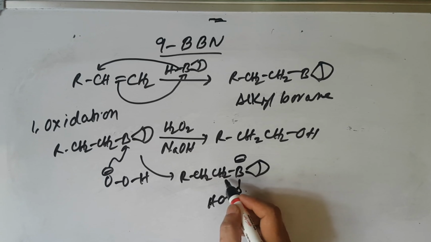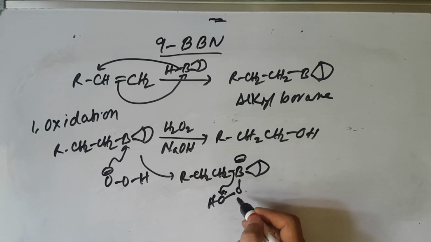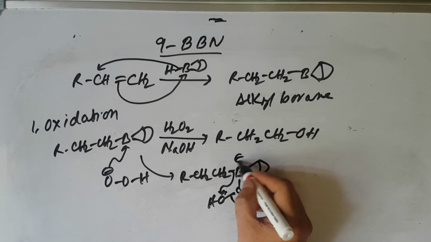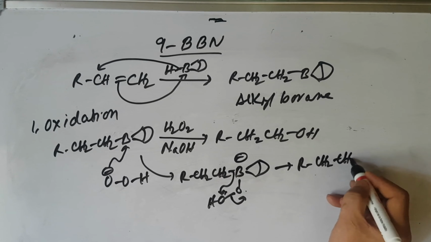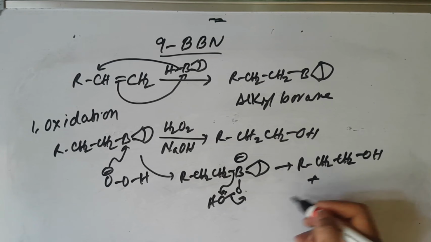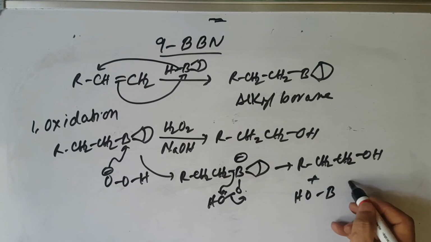Then migration takes place like in earlier cases, with the negative charge here. It gives R, CH2, CH2, OH, the alcohol, then B, OH after hydrolysis.